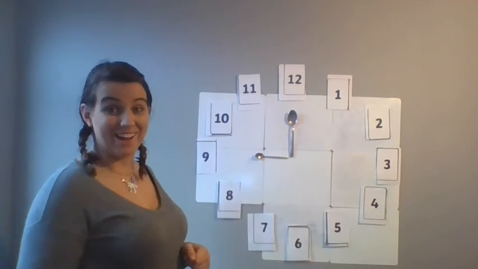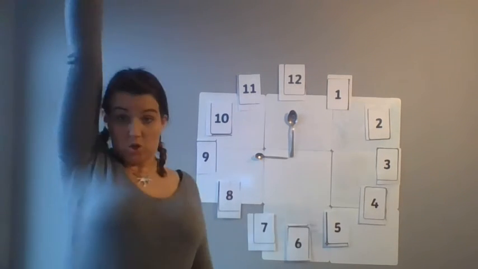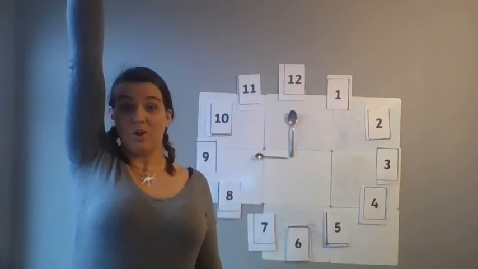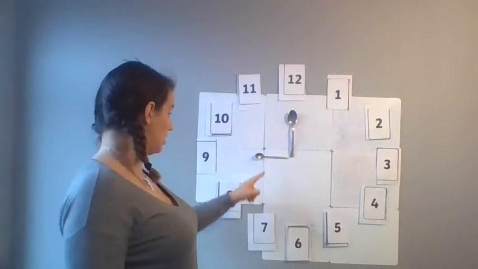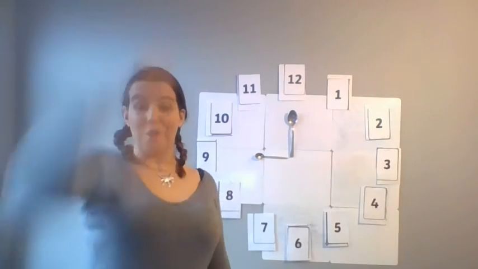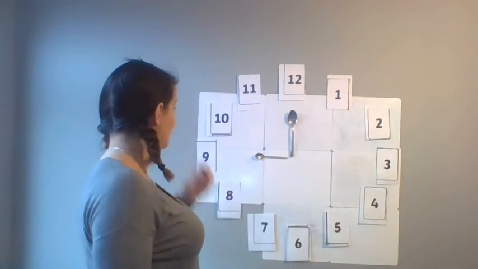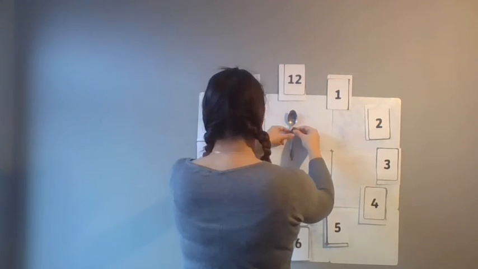That's the way we make a 9. The little hand is pointing to 9 and the big hand is pointing to 12, so it's pointing to o'clock. 9 o'clock. Well done.